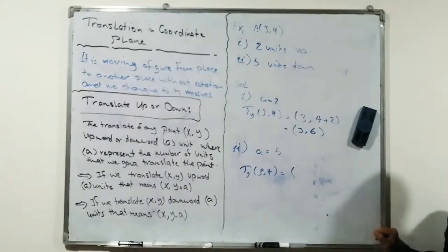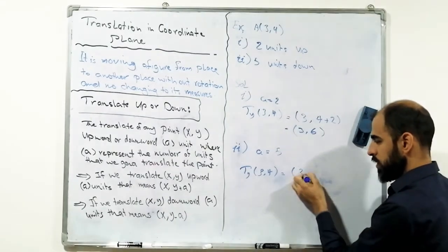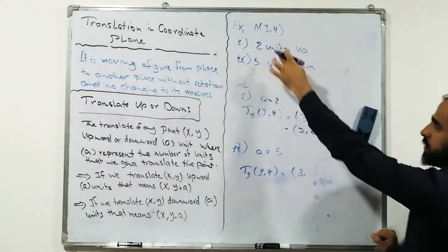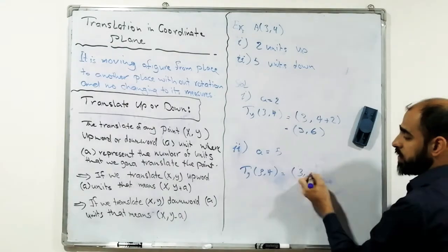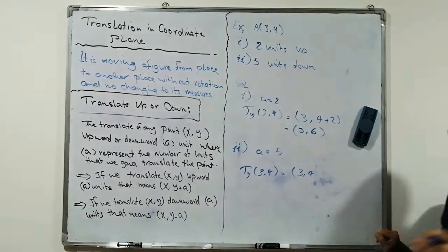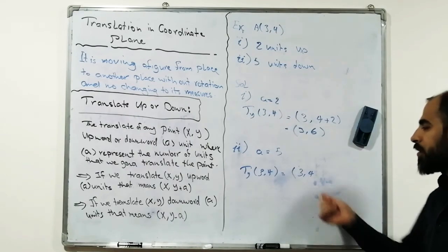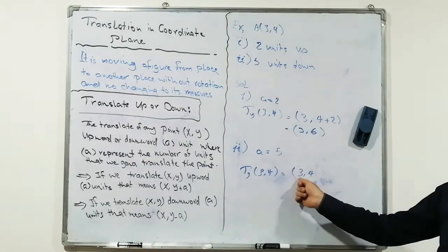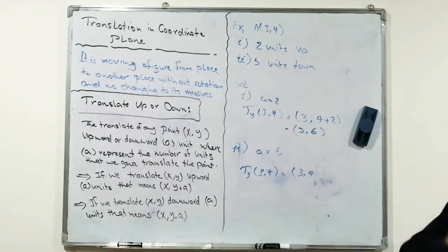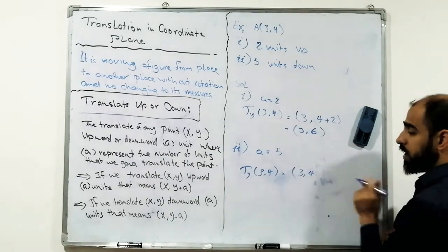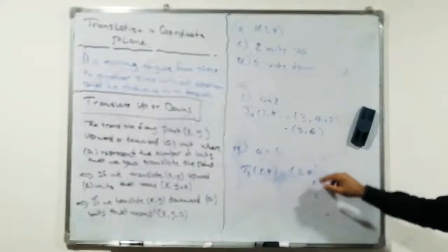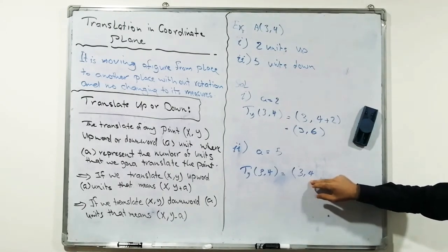Since the translation is with y, x, which is 3, is still as itself, and we are going to work on the second part of the point, which is 4.